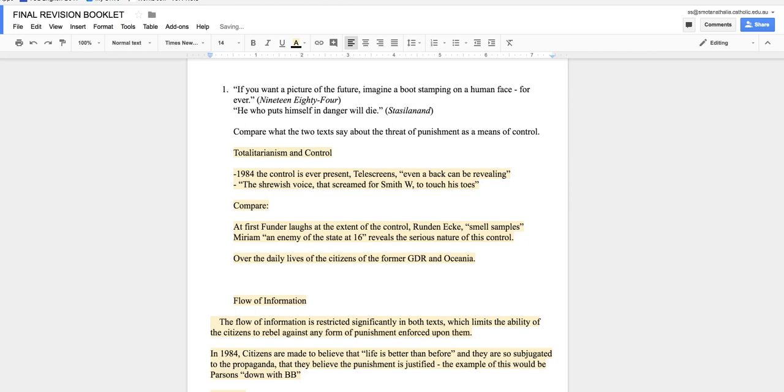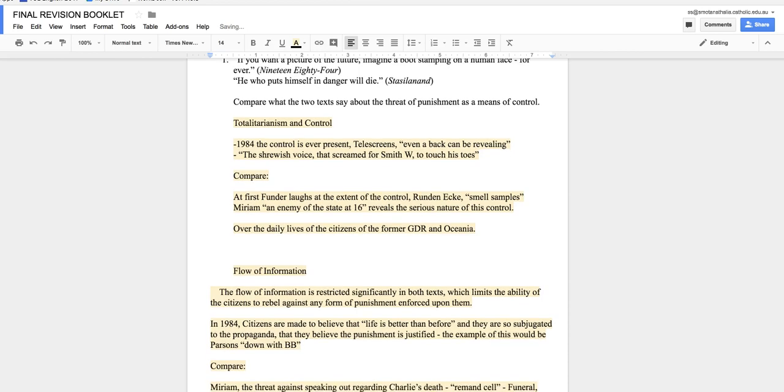And we might use the example of the funeral and the informers and the extent to which the Stasi impacted her daily life. And we would say that the example of the threats made against Miriam not to pursue Charlie's death are an example of the flow of information preventing the punishment.